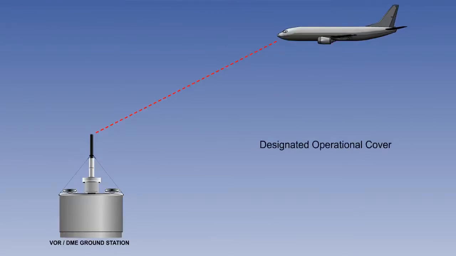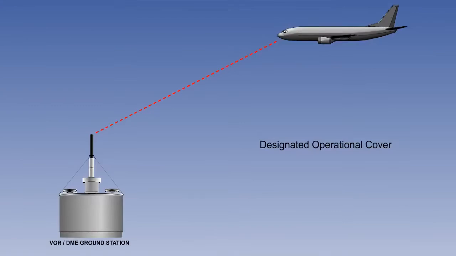In order to overcome range errors, which may be caused by mutual interference between 2 or more facilities sharing the same frequencies, a designated operational coverage, or DOC, is published for each DME.